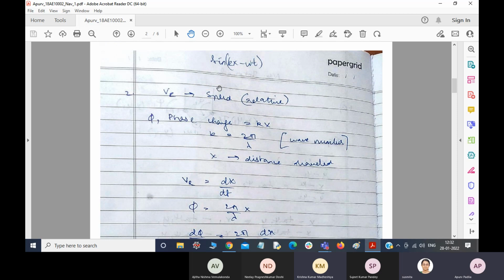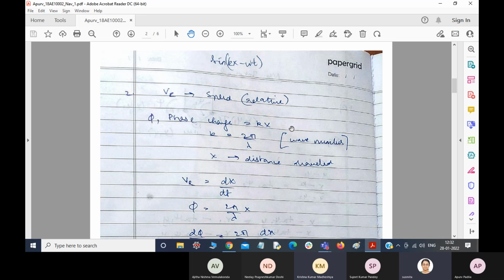You have written sine kx minus wt. So kx minus wt means you are considering both distance and time, correct? Yes, ma'am. The wave is traveling in distance and time is also elapsing, correct? Yes, ma'am. But that will happen even when there is no relative movement between the user and transmitter, right?